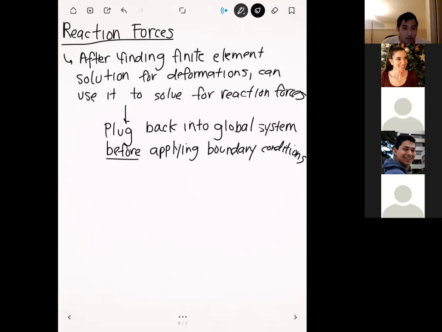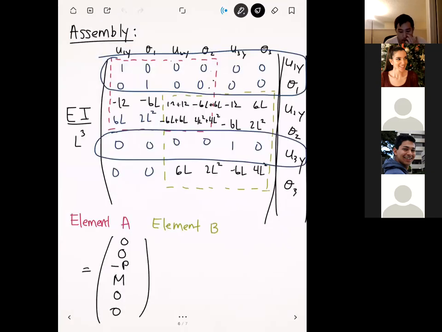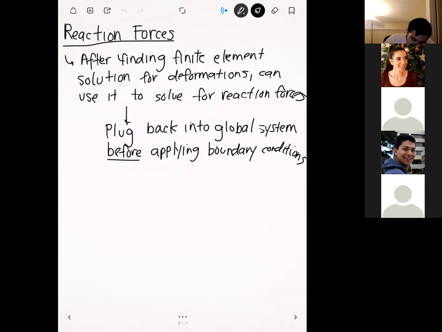And so, in the previous problem, after we solve for u1y, theta 1, u2y, theta 2, u3y, and theta 3, you would simply plug this back into our global system, the one from before we did all the zeroing out on the right-hand side. Out in front, we have EI over L cubed.